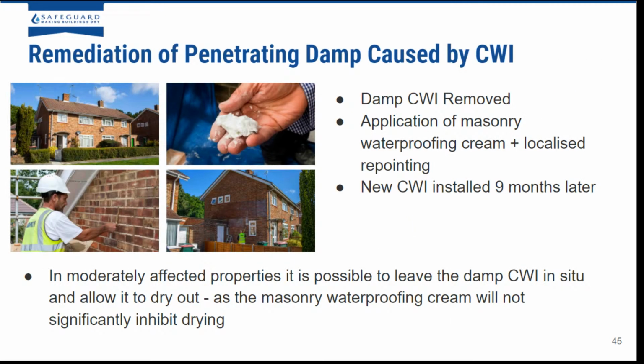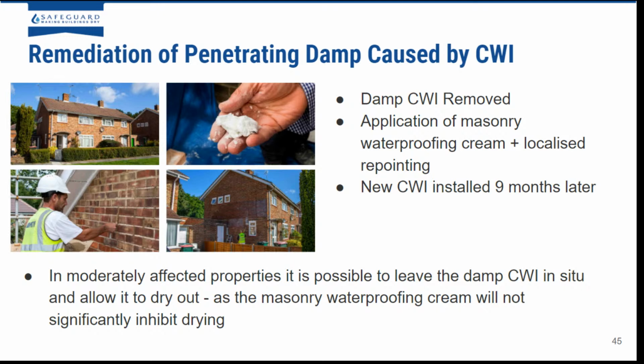So we did a case study of a property locally to us. This was a council property that had cavity wall insulation installed but became very damp and had lots of issues. So we removed the damp cavity wall insulation. We then applied the masonry waterproofing cream and did localised repointing, allowed that wall to dry, and then installed new cavity wall insulation 9 months later.